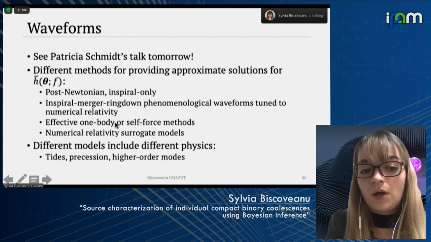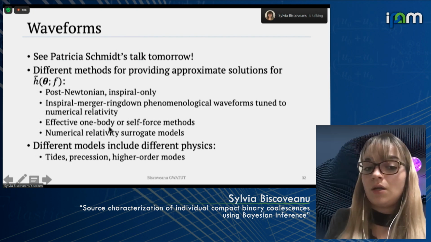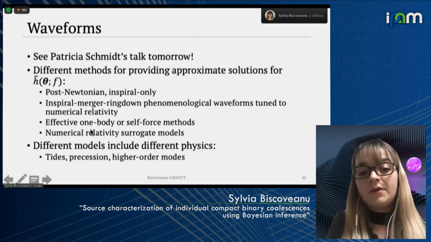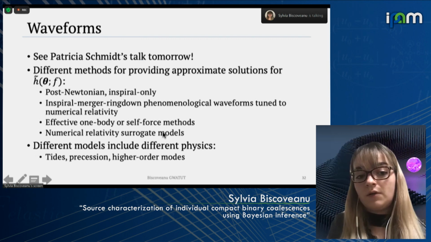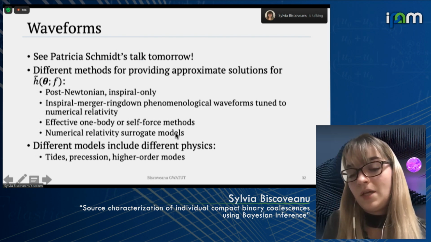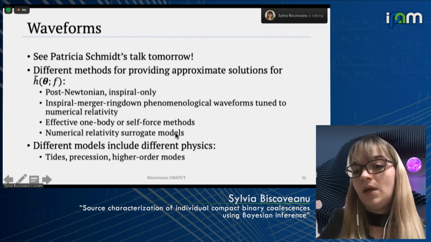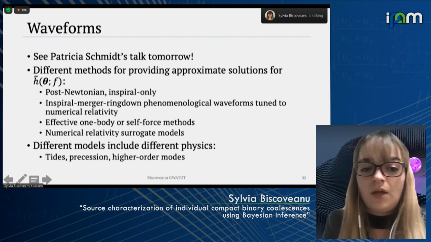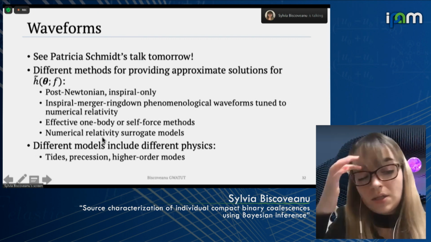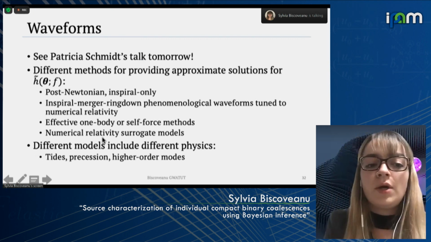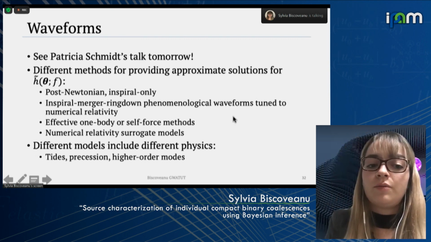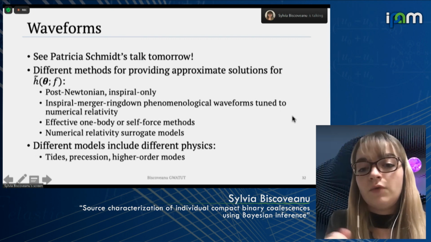And then there are other methods for approximating the solution, including the effective one-body or self-force methods. And then more recently, there have also been numerical relativity surrogate models developed that basically interpolate between different numerical relativity waveforms that already exist.